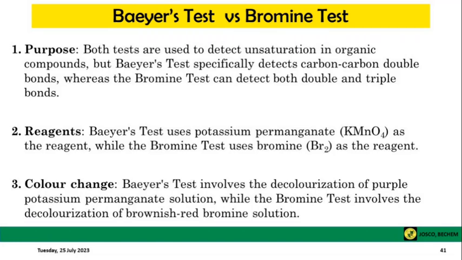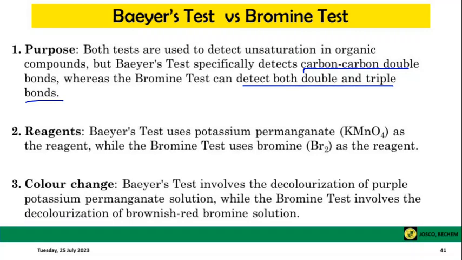Here, our comparison would be on themes. The first theme is on purpose. We are saying that for Bayer's test, mostly it is used to detect double bonds, whilst bromine test can be used to detect both triple and double bonds.